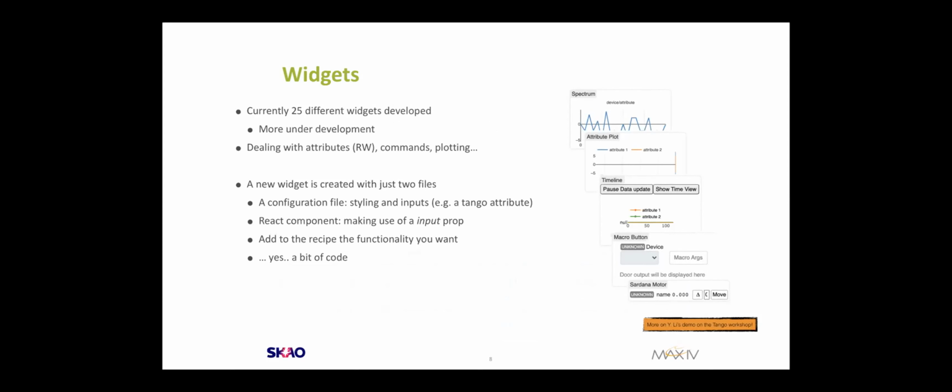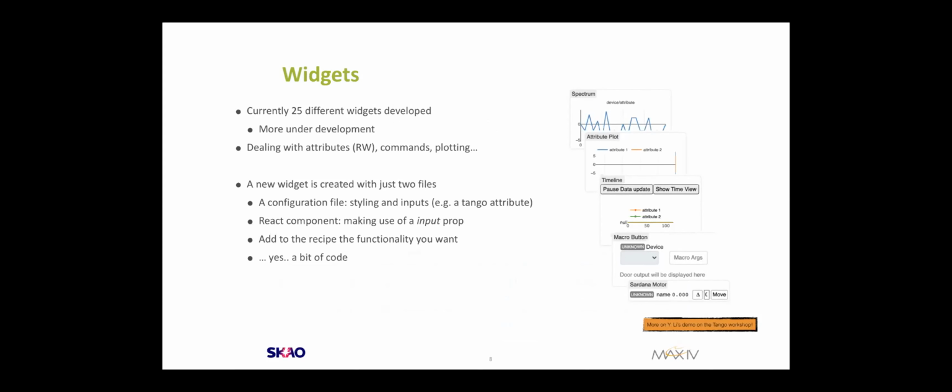And even if maybe the user does not care how the widgets are created, I would like to mention that creating a new widget is reasonably easy. The most basic widget only requires two files: a configuration file, which mostly describes the styling of the widget itself, like size and some colors, and the inputs. I mean, the different number of Tango attributes that the widget requires, for example.